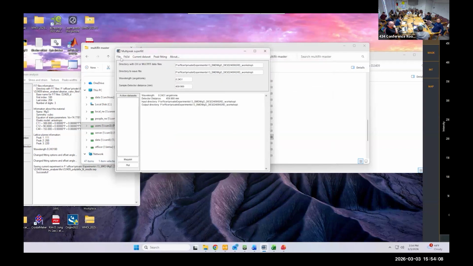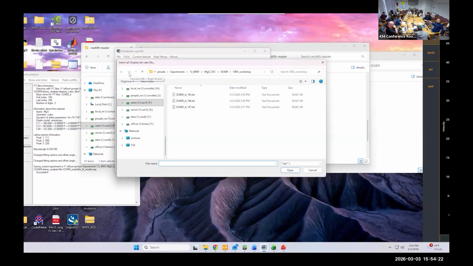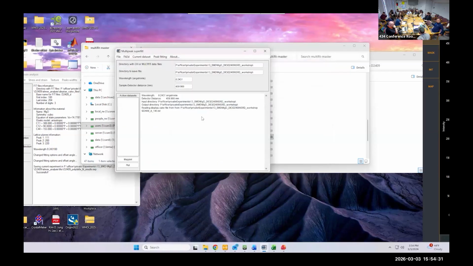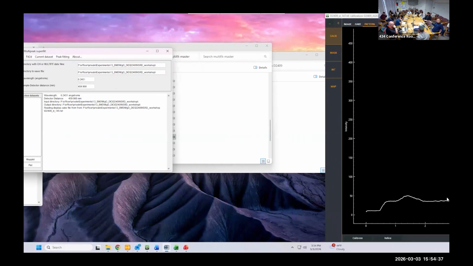So now we're going to import the data, and it's going to take those text files that we just exported from Dioptis and turn them into IDL files. So file, Dioptis, TXT files, and then select all of them, open, and now I think it should bring them in. Is it working? Looks like no.